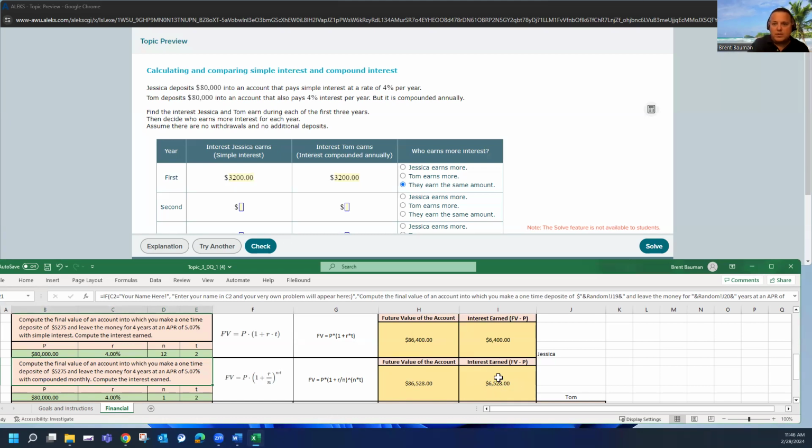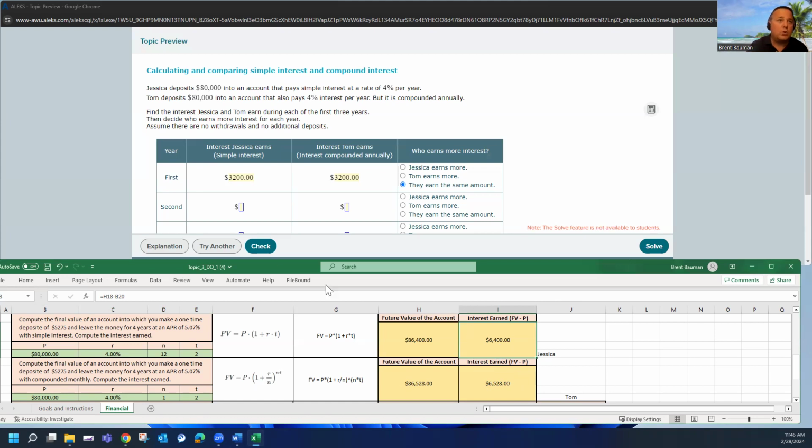Now, this is where we need to modify a little bit. This is the total interest earned for the entire 2 years, so that includes the interest earned for the first year and second year. We're only wanting to figure out what happened during the second year. So I need to do a little calculation off to the side here. I'm going to start with our equal sign.